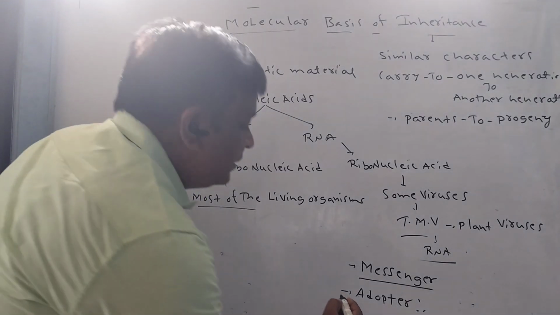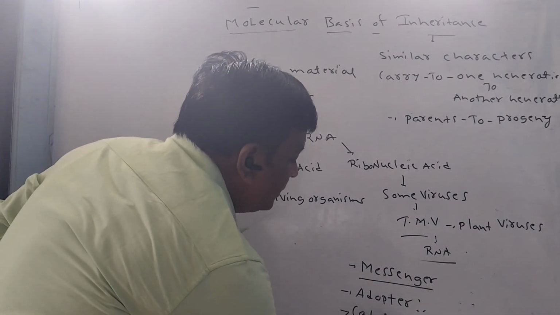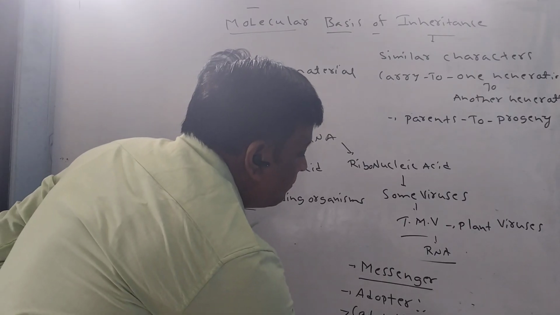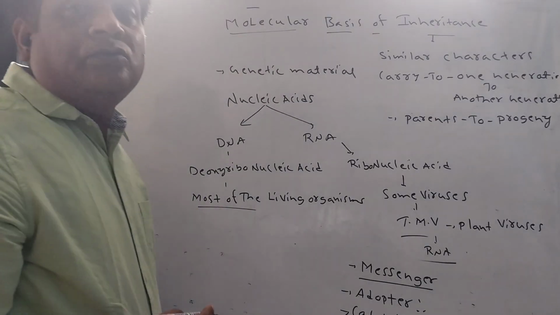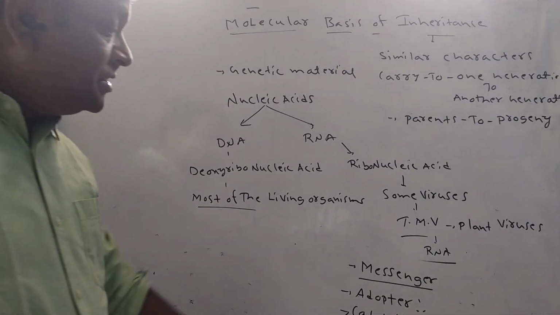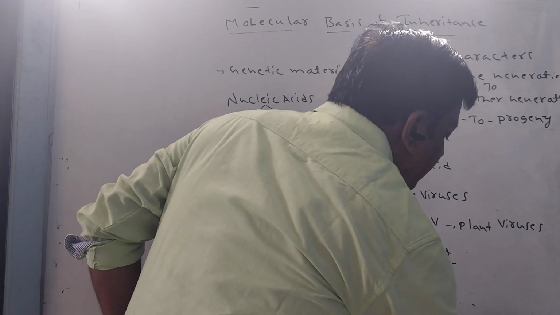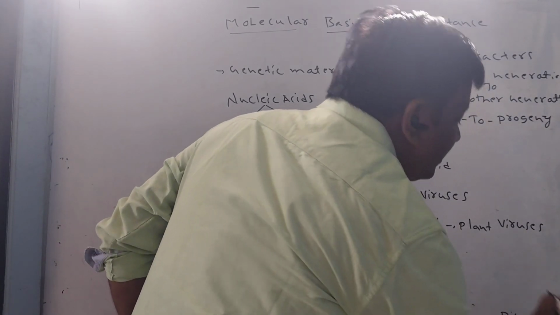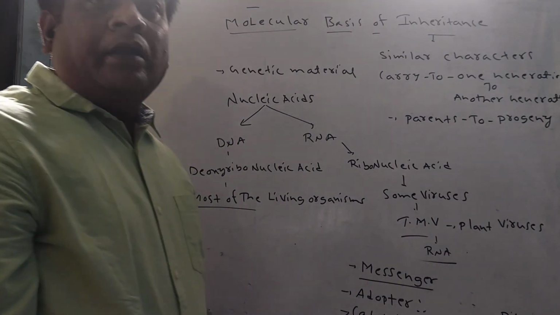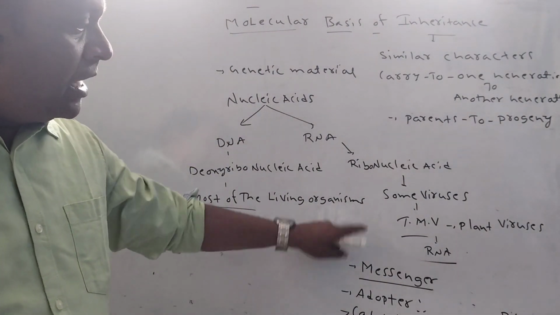And they also have catalytic property, meaning they act like an enzyme also. That's what we call ribozyme. RNA is also called a ribozyme enzyme, meaning it digests RNA. Right? These are the functions of RNA.